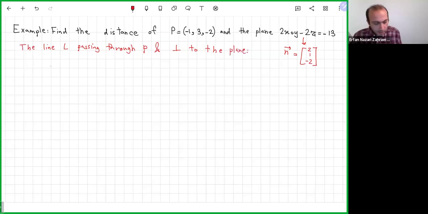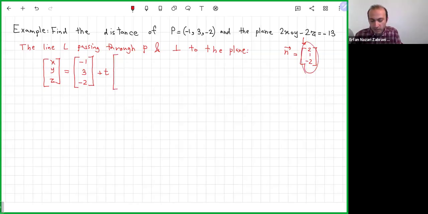it's given by (x, y, z) equals, the points on the line in the vector form, (negative 1, 3, negative 2) plus a parameter times the direction of the line.